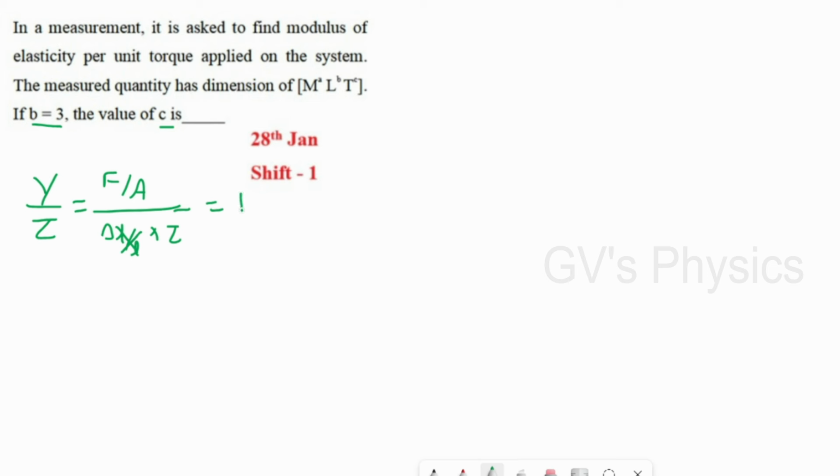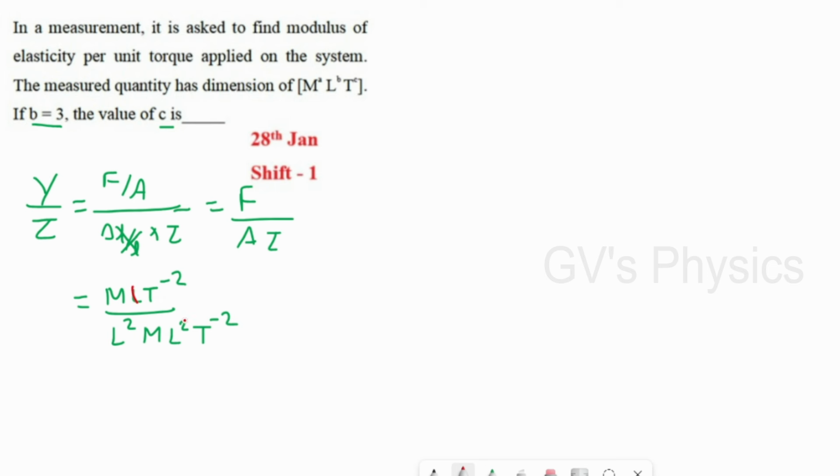So balance force by area into torque. Now we'll substitute the dimension formulas. For force, M L T power minus 2, and for area, it's L square. For torque, it's the dimension of energy, so M L square T power minus 2. Now we can cancel the terms.